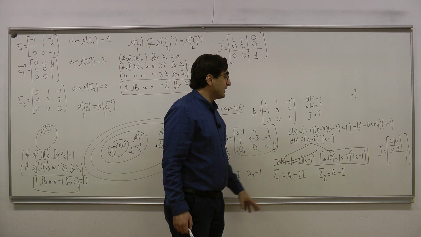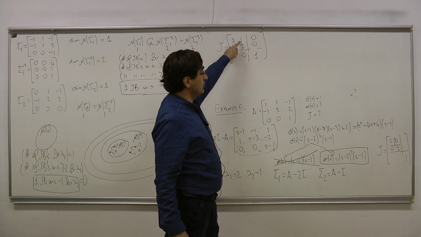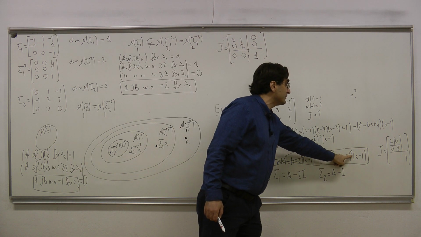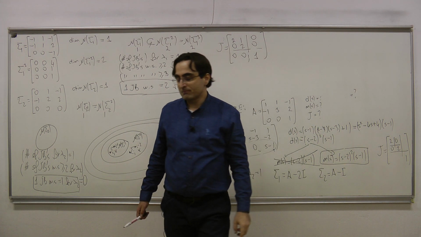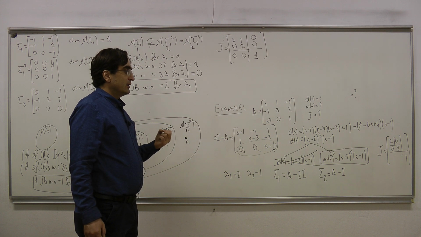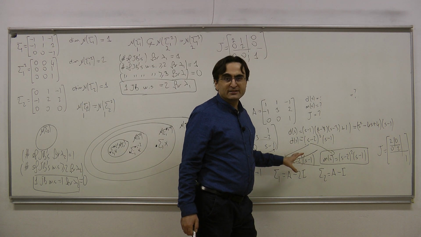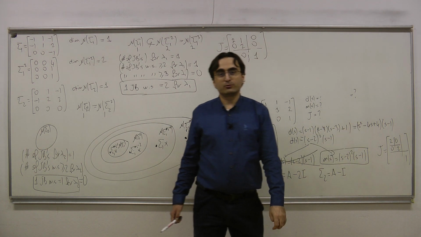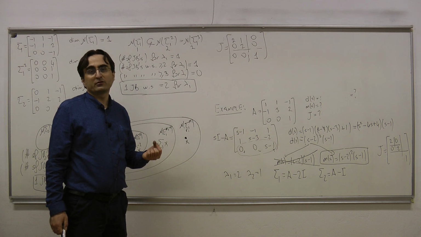In this case, the Jordan canonical form was not a diagonal matrix because of this 1, which is caused by this minimal polynomial power, which is higher than 1. So here I get a very, very important fact. If all of the minimal polynomial powers are equal to 1, then the Jordan canonical form turns out to be a diagonal matrix.